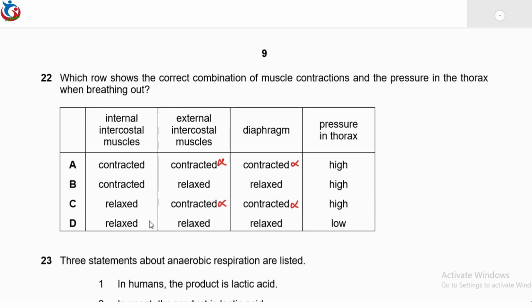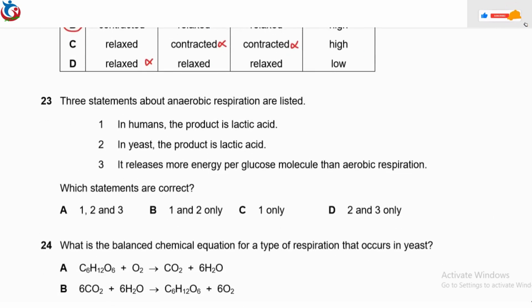That makes option D wrong. So our correct answer is this, and this. So this makes option B the correct answer. From here we'll move to question 23.